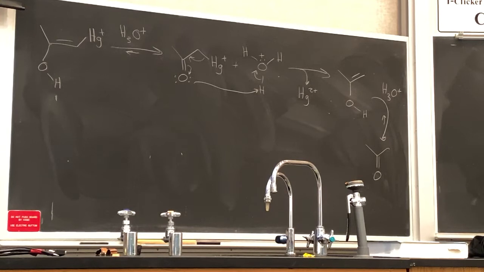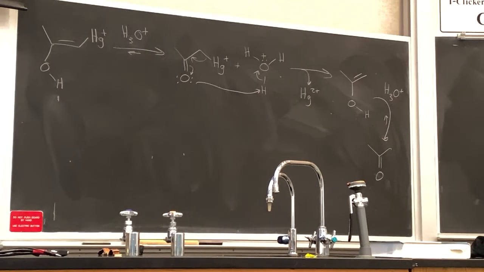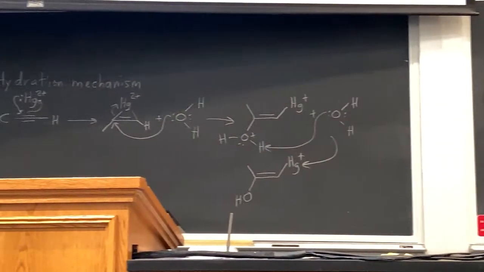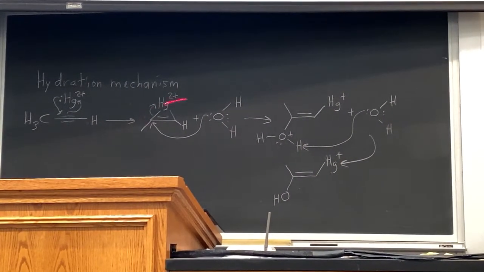If you look at the first three steps of this mechanism, they're exactly the same as what happens in a halohydrin reaction. If you just replace the mercury with chlorine or bromine, you'd have the same three things happening. You'd form a three-membered intermediate with a positive charge. You'd have water attack the more substituted carbon, and then you would deprotonate that water. So we've seen these first three steps before.